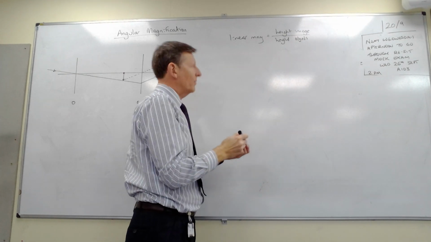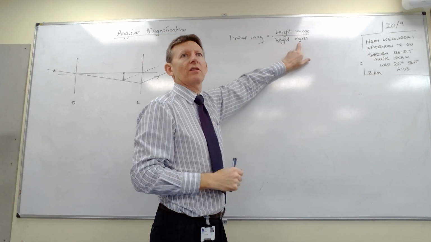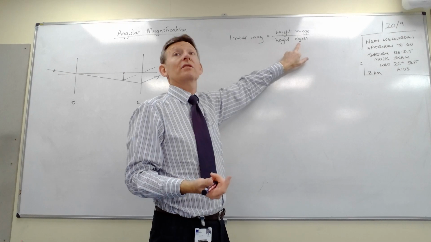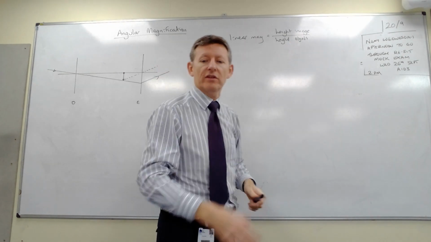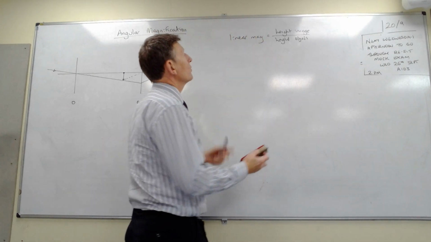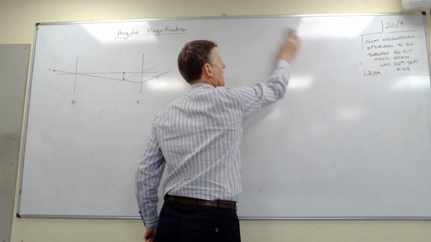So the magnification is making the image appear bigger than the object. It's not relevant with astronomical telescopes because the things we're looking at are generally very small, so it doesn't make a lot of sense. So instead of using those two ratios, they use something called angular magnification.